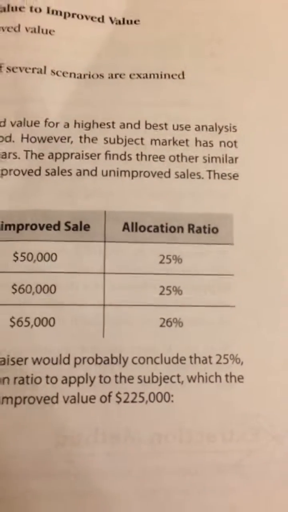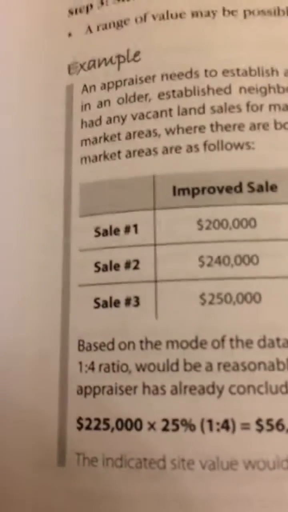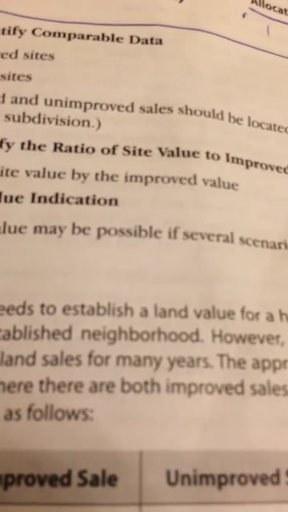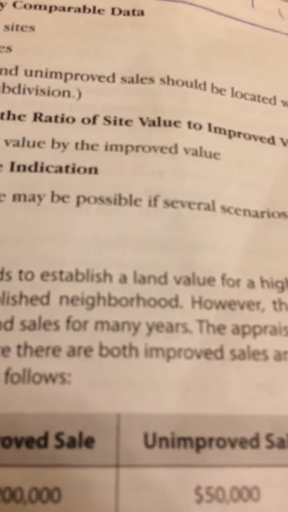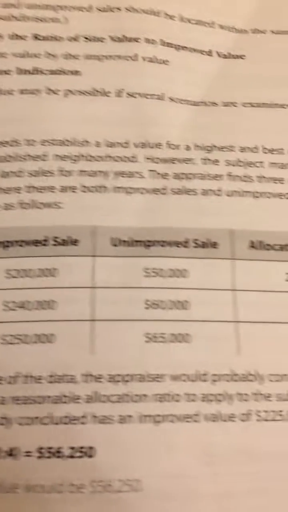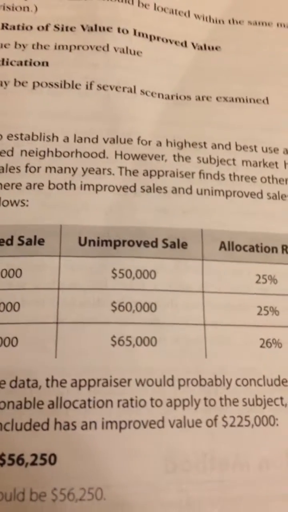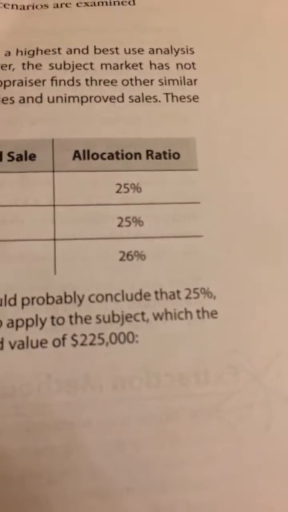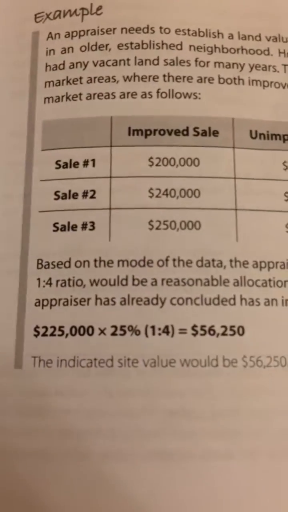Allocation ratio is 25%. Sale number 3. Its improved sale at $250,000, unimproved sale at $65,000, allocation ratio 26%.